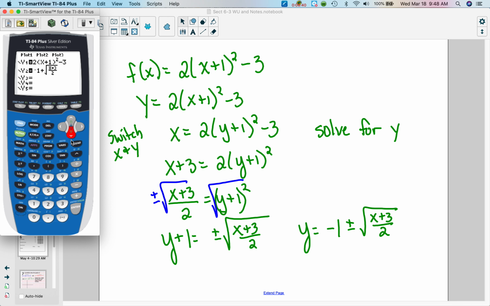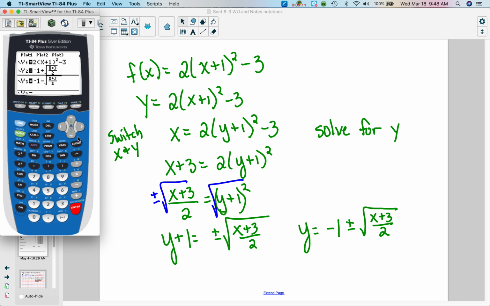And then in y3, we're going to put -1 minus the square root of x plus 3 over 2. Now, keep in mind, your graphing calculators only graph functions. So this is not a function. So we have to kind of trick it, and we're going to have to do the top half of it and then the bottom half of it.